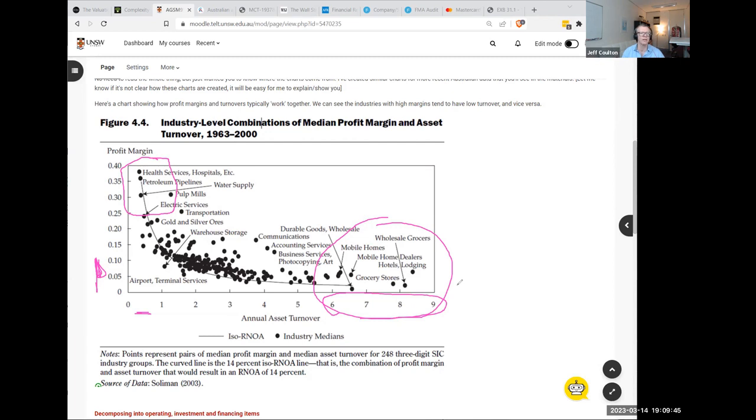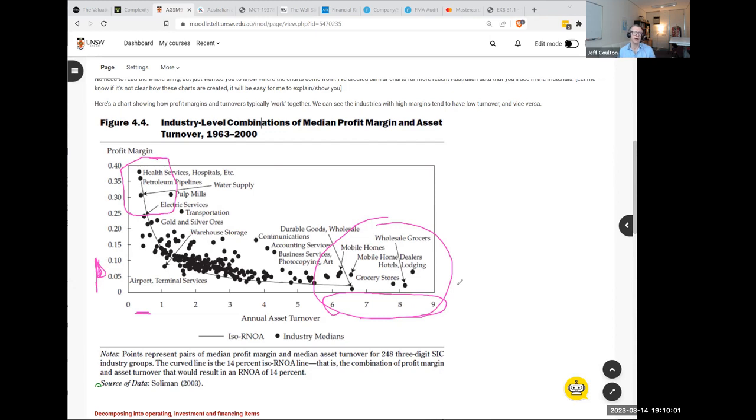So it's slightly different. This happens to be US data, but the same logic is going to apply here. So hotels and motels, you're flipping the product more often than you would be in the hospitals.